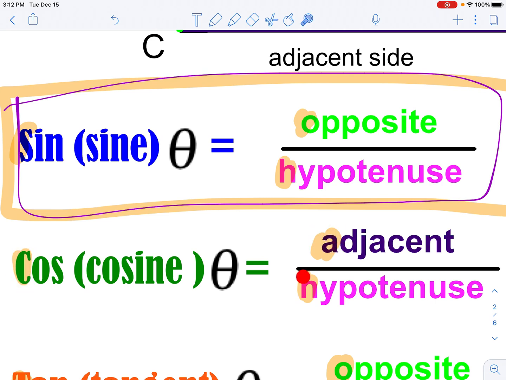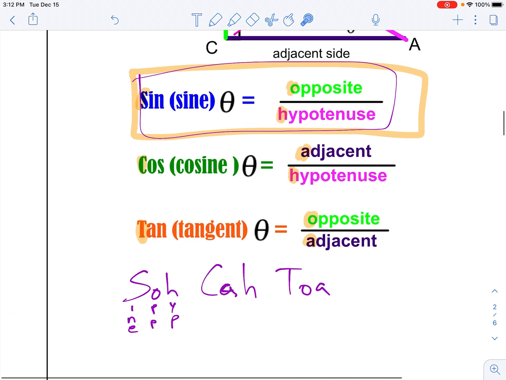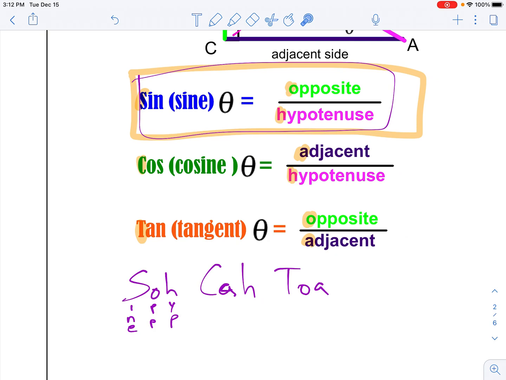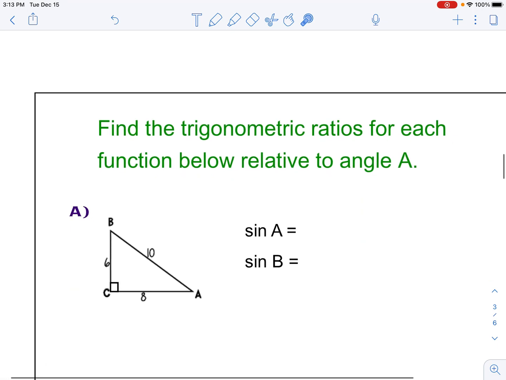All we're going to do today is spend time writing these relationships out. What is the fraction? Move on with our day.